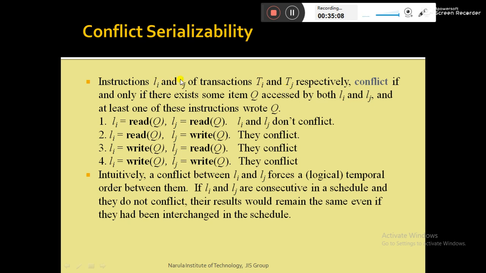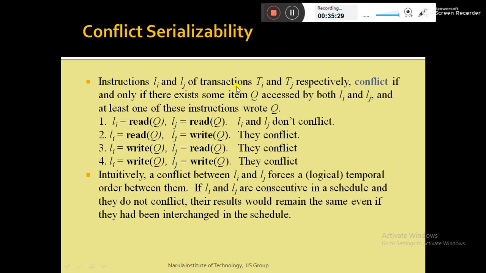These two instructions li and lj are said to be conflicting instructions if and only if there exists some item q accessed by both li and lj, and at least one of the instructions is a write q operation. Let me clarify.